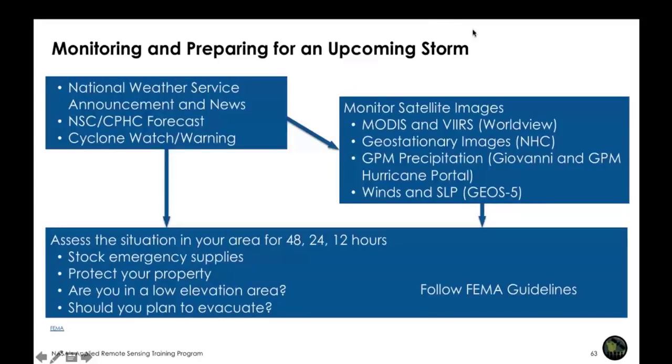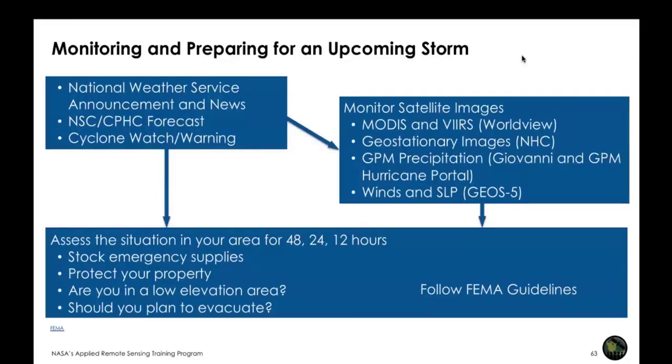Once you know that, you can assess the situation in your area in the next 2 days, 1 day, to the next few hours. For that, you have all the data and tools that we talked about. You can keep monitoring MODIS and VIIRS imagery. You can look at geostationary images from the National Hurricane Center.